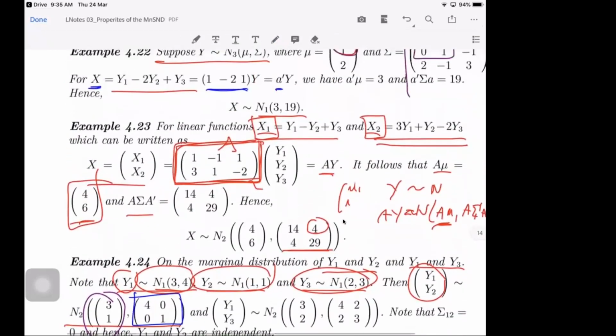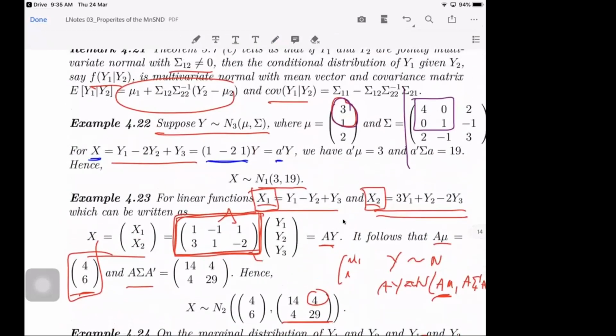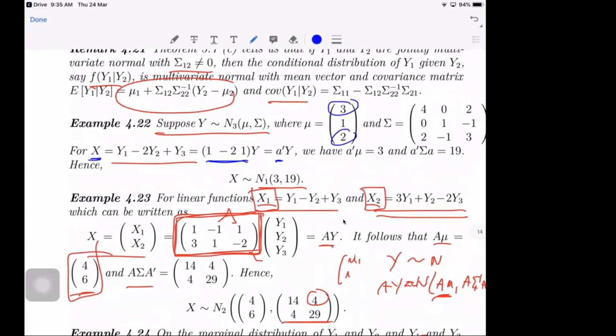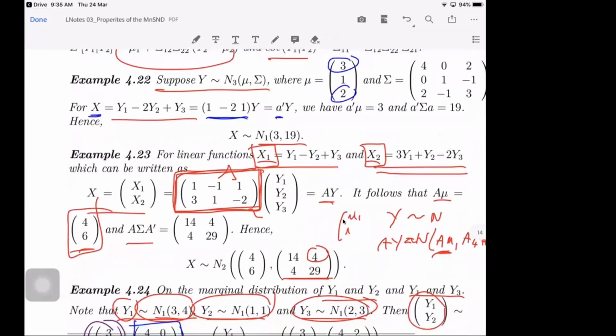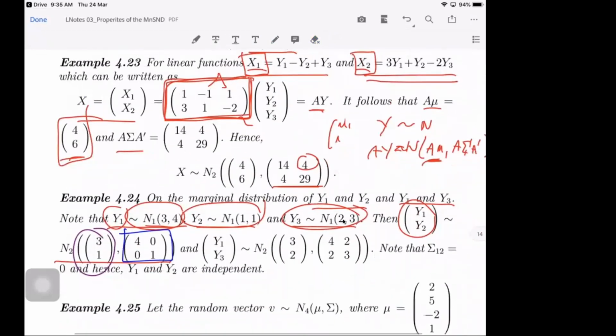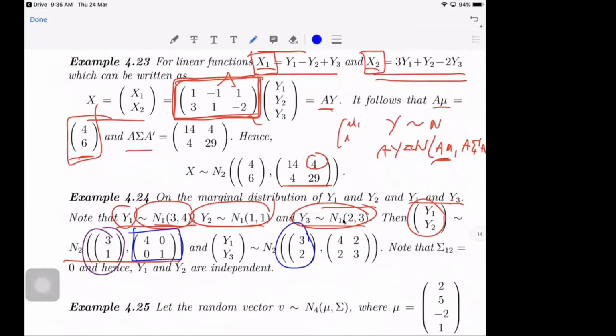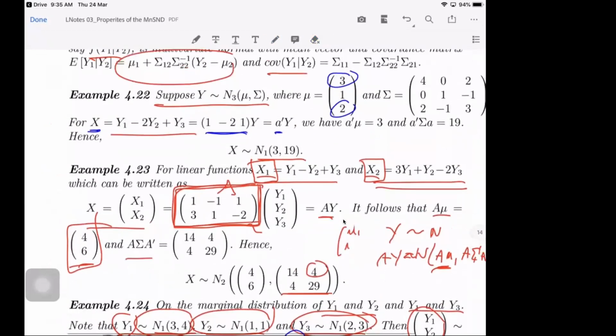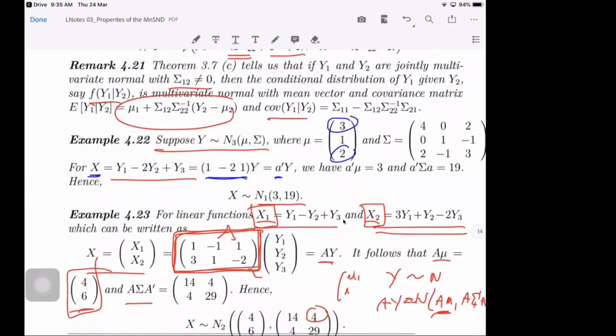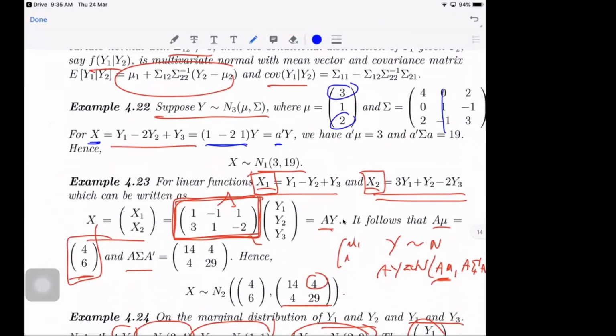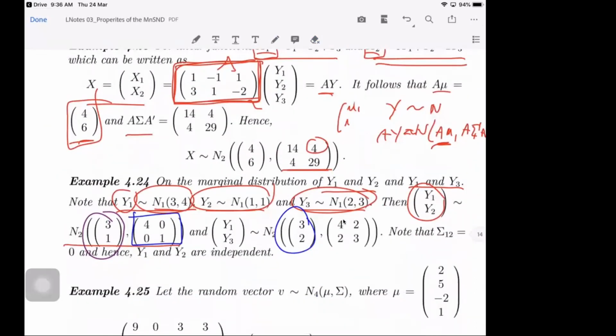And then y1 and y3. So where are y1 and y3? The mean is 3, 2. And the covariance matrix for y1, y3 is this, so you have 4, 2 and 2, 3.